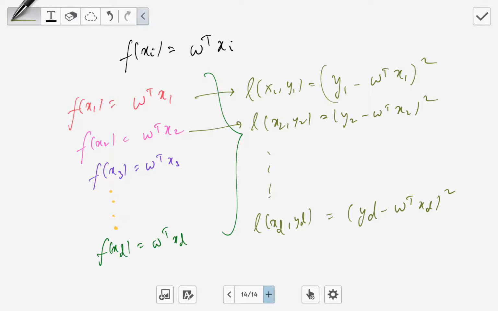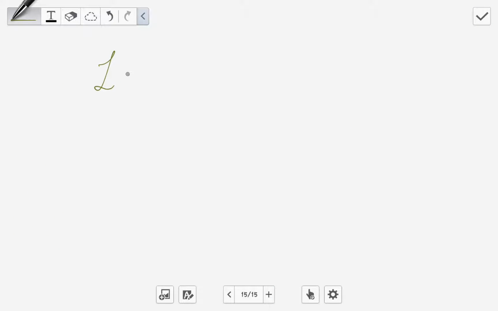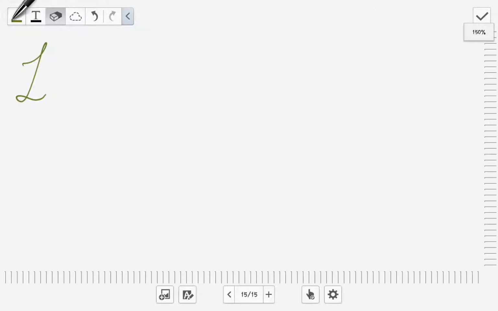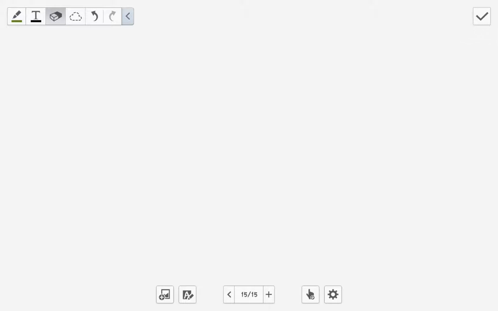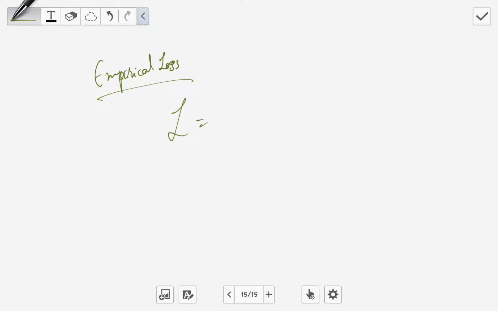Fine. Now we have our loss error. What was that loss? Empirical loss. Empirical loss as L is equal to, what is that? 1 by n sigma i is equal to 1 to n, yi minus f of xi whole squared. Fine. So let us substitute that here for our special case of linear squared loss.